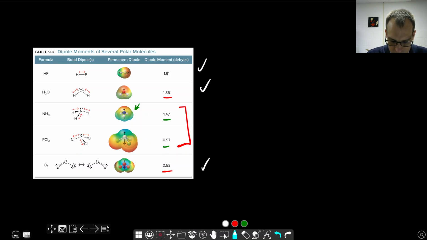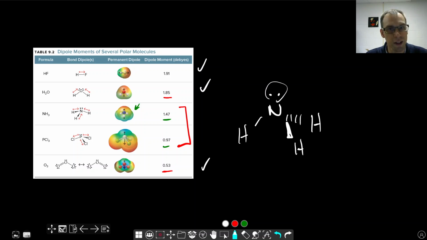So just to draw out our ammonia here, this will apply to the PCl3 as well. We have this tetrahedral geometry for the electron pair geometry, but we have this lone pair on the top. And so we get this trigonal pyramidal structure that we've seen. Now that we've broken the symmetry of the tetrahedral, these H's are different than this lone pair up here.